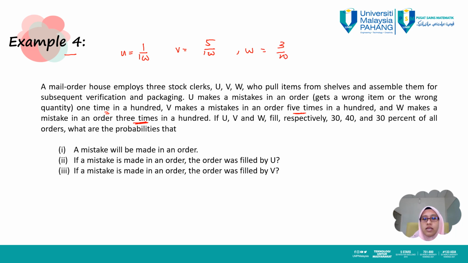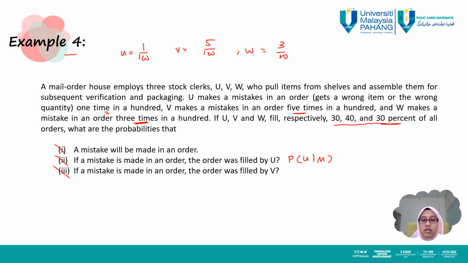So if U, V, and W fill respectively 30, 40, 30% of all orders, what are the probabilities that a mistake will be made in an order? If a mistake is made in an order, the order was filled by U. And if a mistake is made in an order, the order was filled by V. Okay, so for questions 2 and 3, the question asks you to find the probability for U given M. If a mistake is made in an order, so given M, the order was filled by U, so P(U given M).